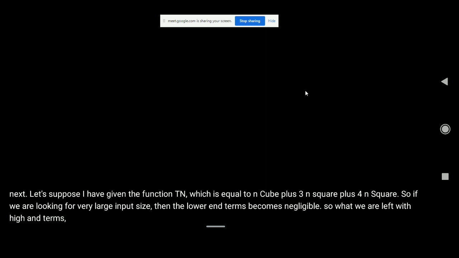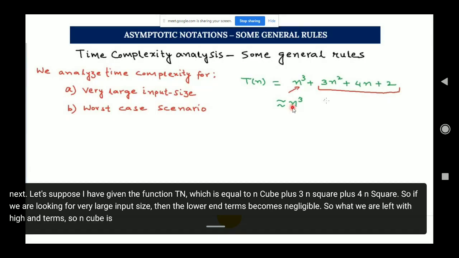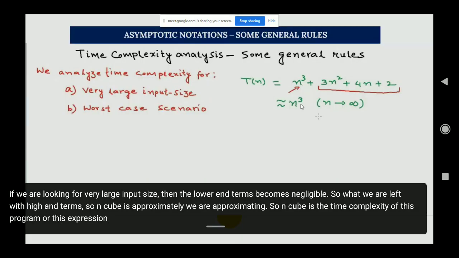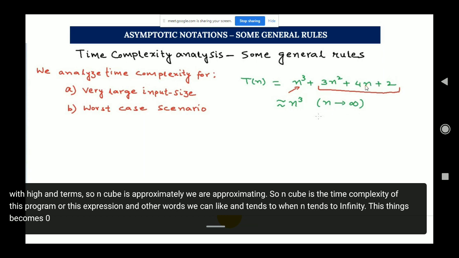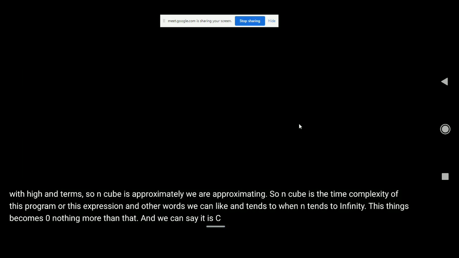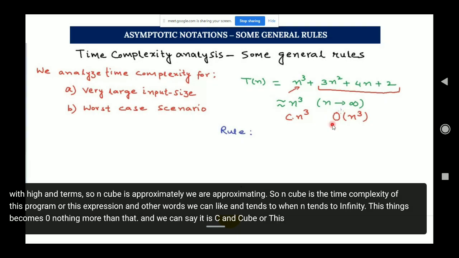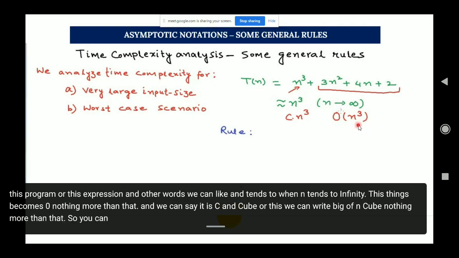So n cube is approximately the time complexity of this expression. In other words, when n tends to infinity, the other terms become zero, nothing more than that. We can say it is c n cube, or we can write big O of n cube.